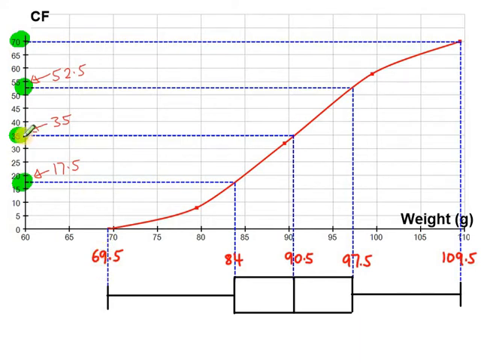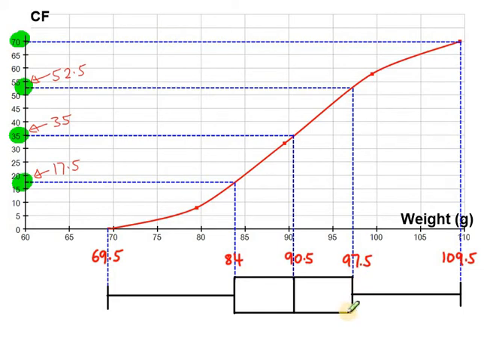So this is the one in the middle, because we halved the 70, and that gives us the median. If we halve the median, this value is 17.5, and again if we follow this path here, this is our lower quartile. 3 times the lower quartile is the upper quartile. So following this line here, 97.5, this is the upper quartile.